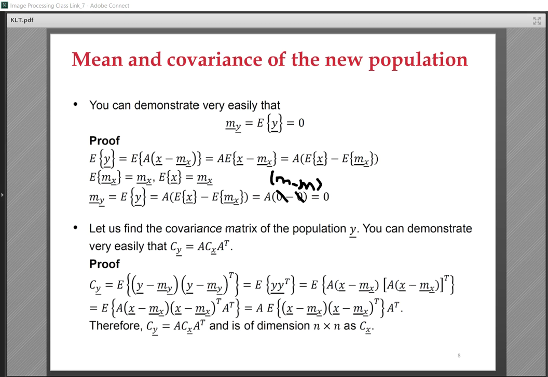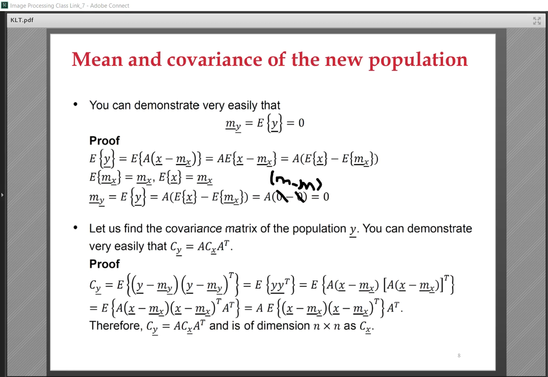Cy is, by definition, E[(y − my)(y − my) transpose]. You know this item as x. Cx was E[(x − mx)(x − mx) transpose]. Cy is this item, but it is E[y y transpose].